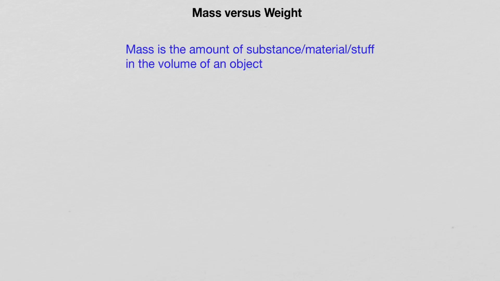Mass is simply defined as the amount of substance, or material, or stuff, if you want, in the volume of an object. So the mass of an object is determined only by its volume and, of course, the material from which it is made. And so the mass of an object will never change unless somehow a piece of this object has been removed, as opposed to the force of weight, which depends on the force of gravity, or the gravitational acceleration, and that force can change depending on the value of the gravitational acceleration.